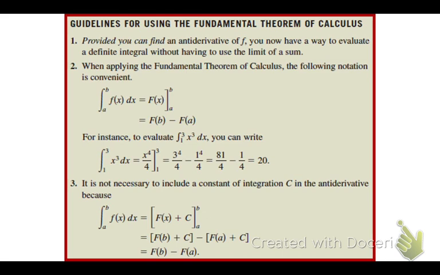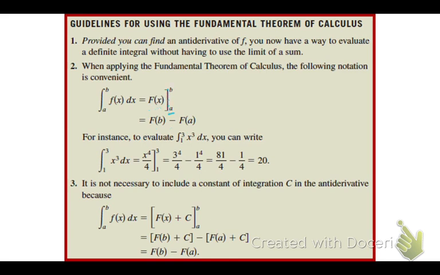So you apply the fundamental theorem of calculus. The way we do it is we find the antiderivative, and you can put this bracket. I tend to just put a straight line. You'll see more places put just a straight line rather than a bracket, either one. And then you carry over your B and your A. So you plug B into the antiderivative and subtract what you get from plugging A into the antiderivative. When you do that, you'll have the area.